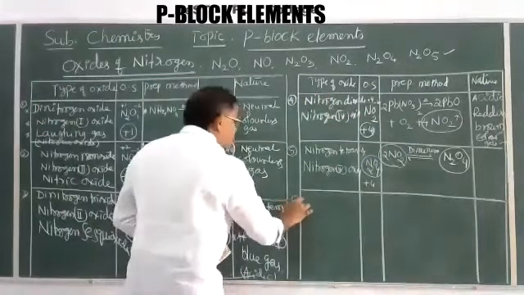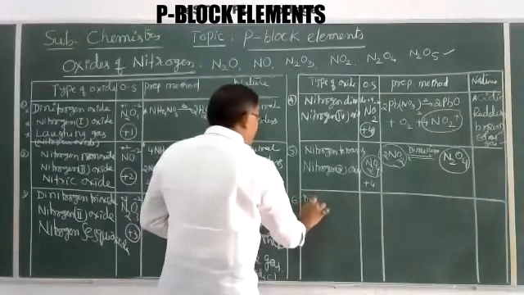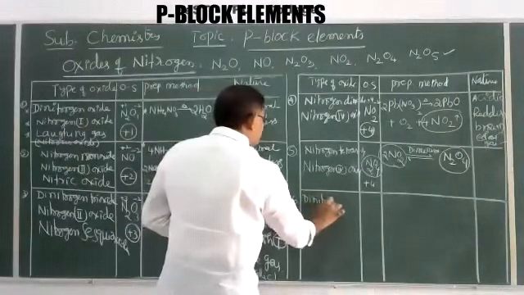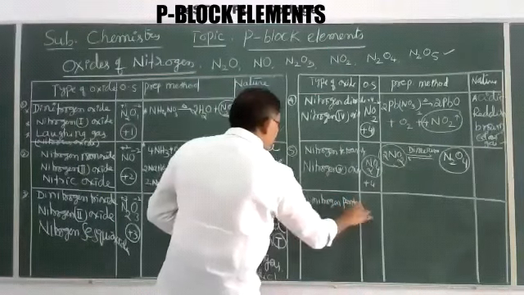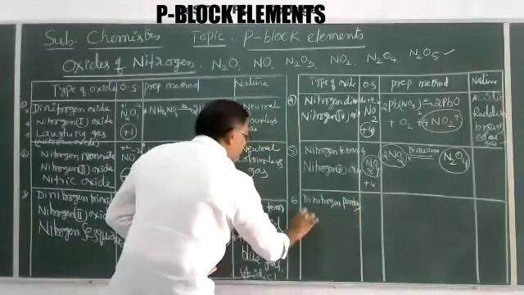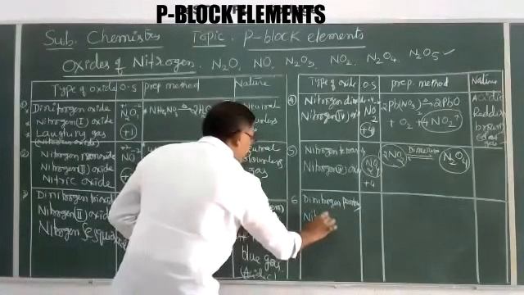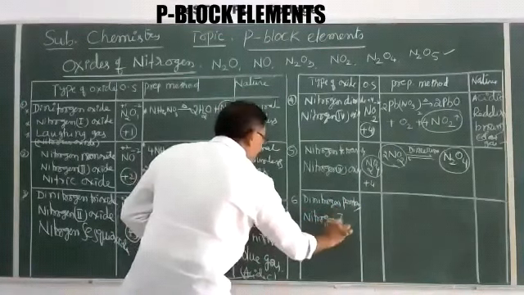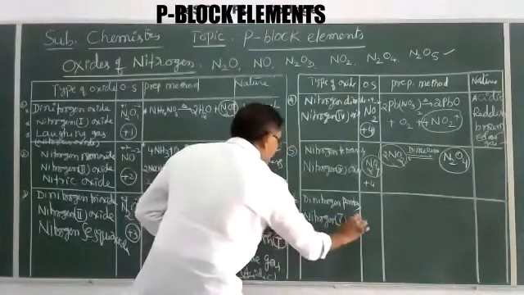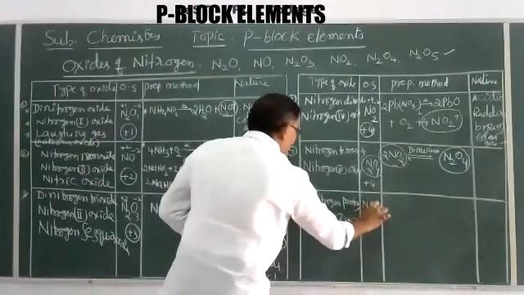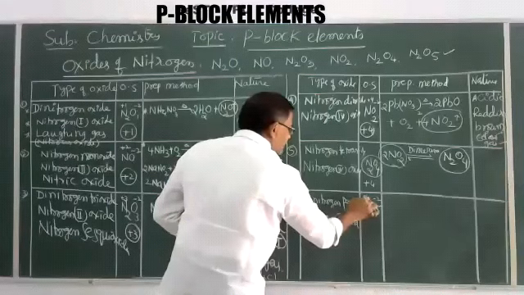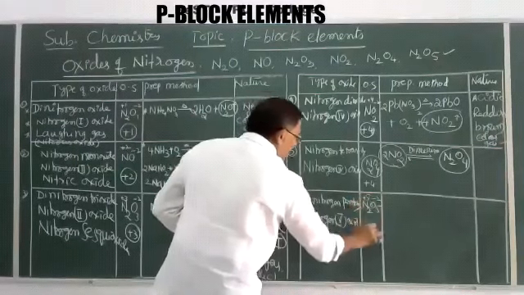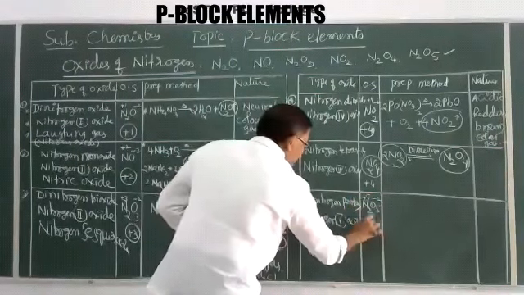Finally, the sixth one is dinitrogen pentoxide. In this, the oxidation state is 5. That's why it is nitrogen 5 oxide. Formula is N2O5, here -2 times 5 is -10, so compulsorily +10. That is, each nitrogen is +5. That's why the oxidation state is +5.